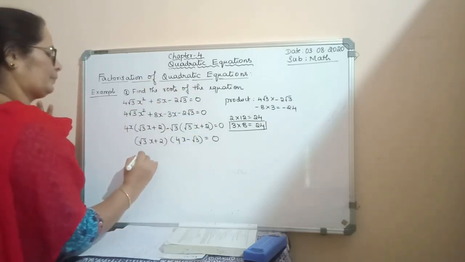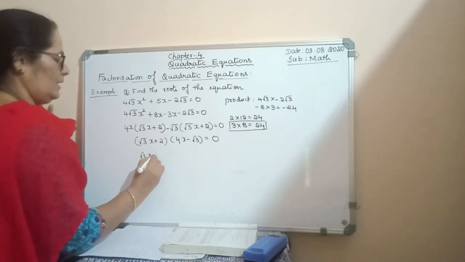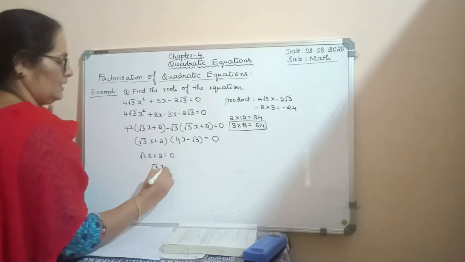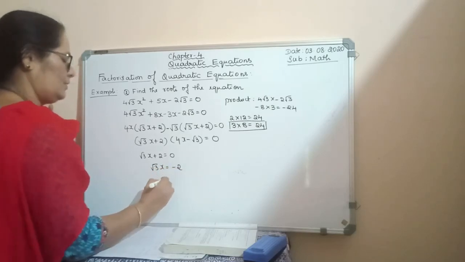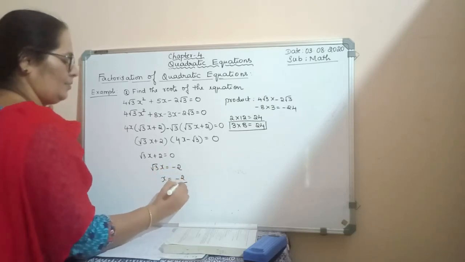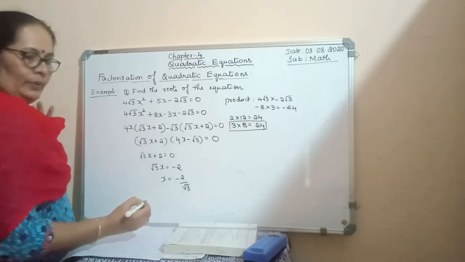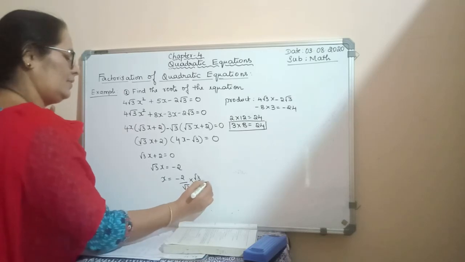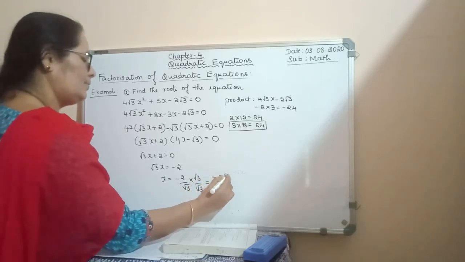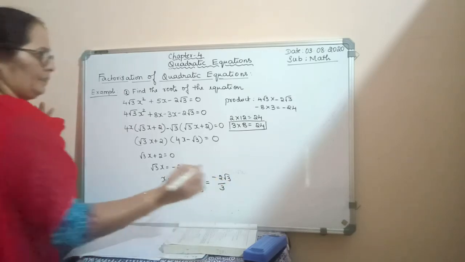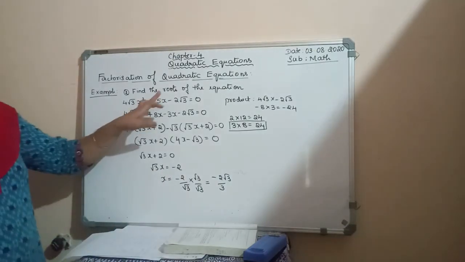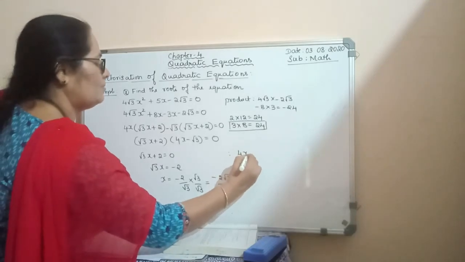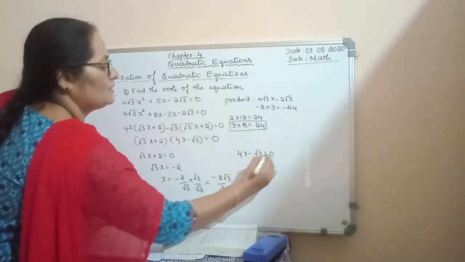So root 3x plus 2 equals 0. So root 3x equals minus 2. So x is minus 2 by root 3. You can rationalize this. You will get minus 2 root 3 by 3. This is one of the roots of the equation. The other one is 4x minus root 3 equals 0.